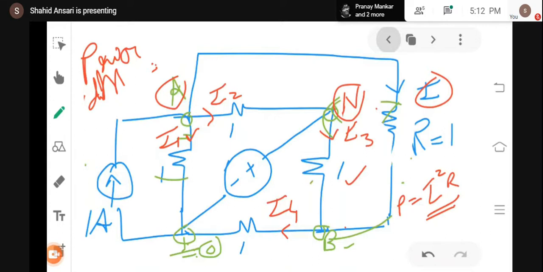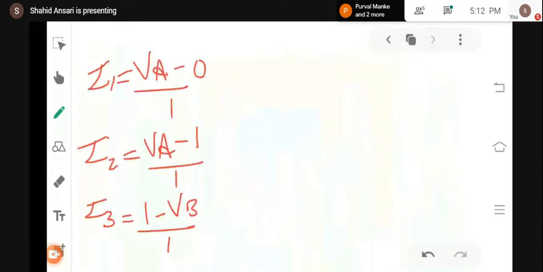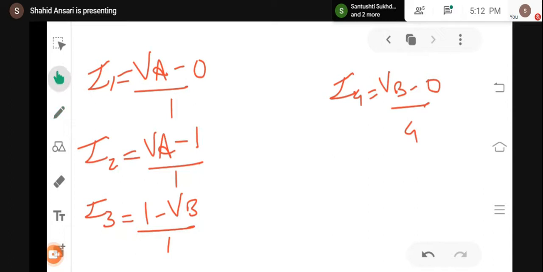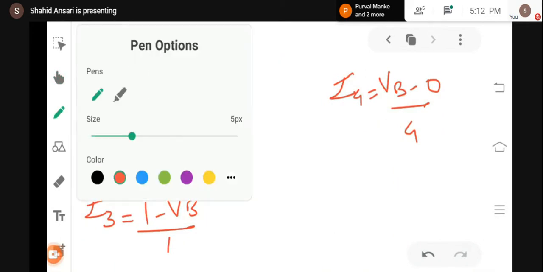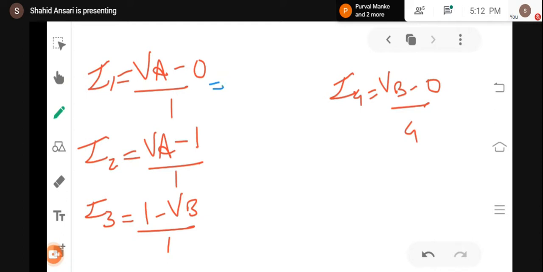Then last is I4, VB minus 0 divided by 1. We have the values of VA as well as VB, which means we can simply find the values of I1, I2, I3, and I4. Try to find all the currents.